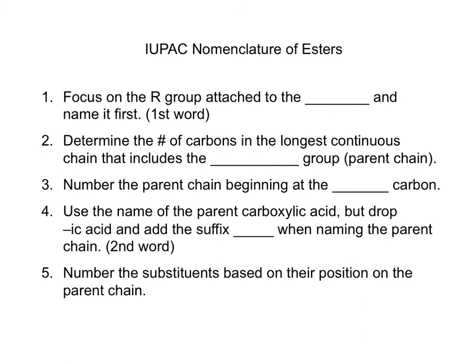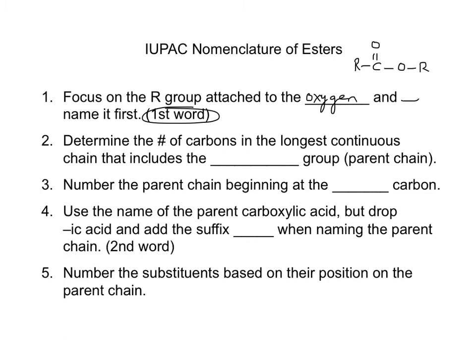For the nomenclature of esters, it's also going to be a 2-word name. The first word is going to be the alkyl group, the R group, that is attached to the oxygen. So when you're looking at an ester, we have our carbonyl, we have our oxygen, and we have our R group.